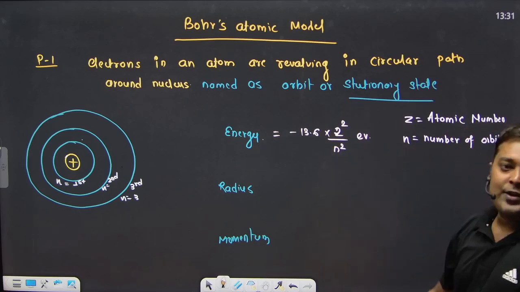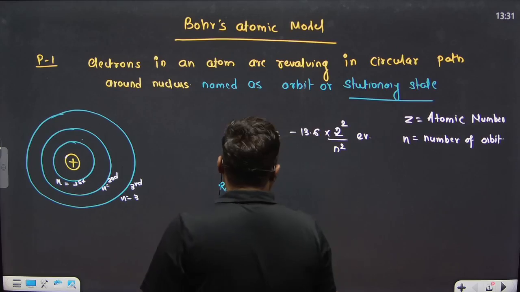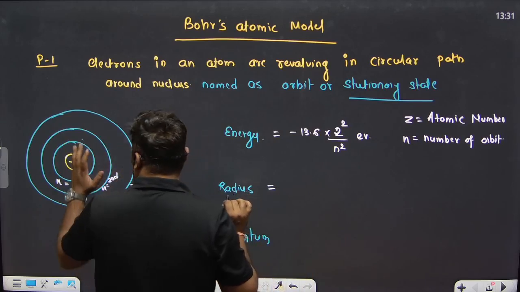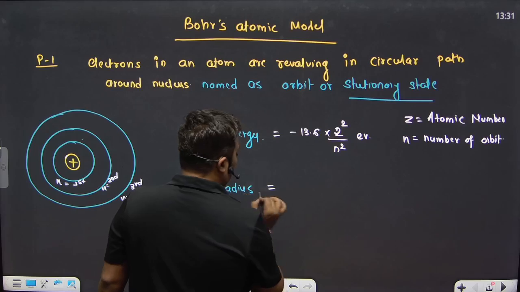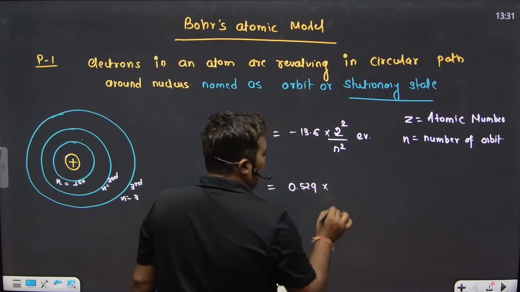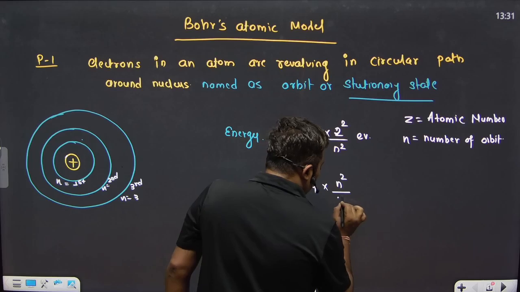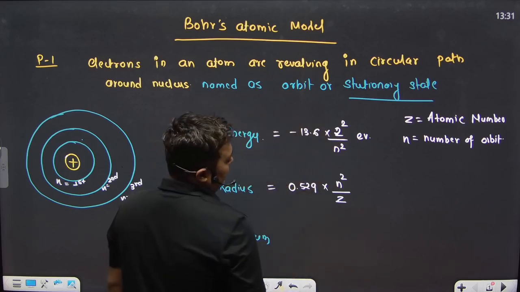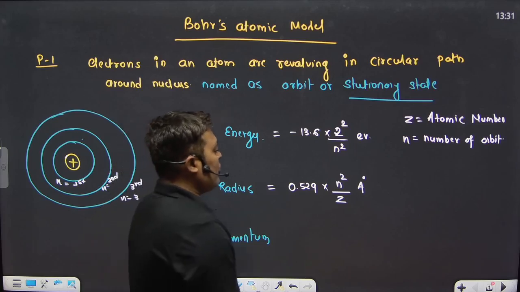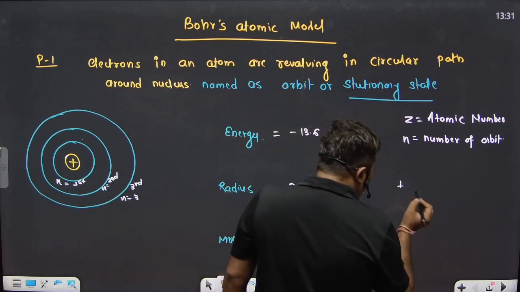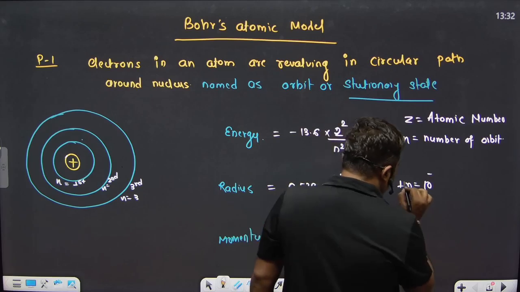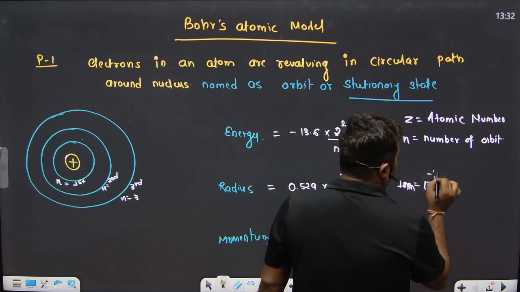We are going to get energy in terms of electron volt. If you want to calculate the radius of this orbit or circular path, that is the distance from the center to the periphery of the circle, we can calculate it by using the formula 0.529 into n square by Z. Okay, if we use this formula, we are going to get radius in terms of angstrom, and you know what an angstrom is? 1 angstrom is equal to 10 to the power minus 10 meter.